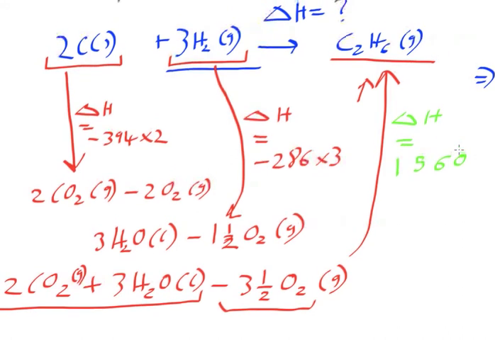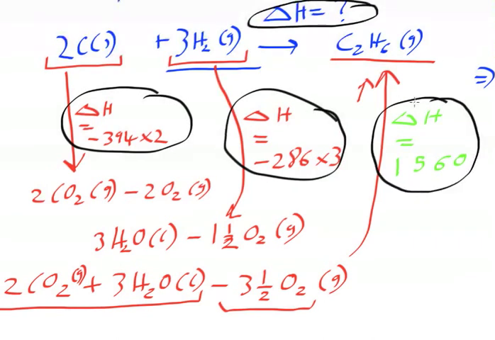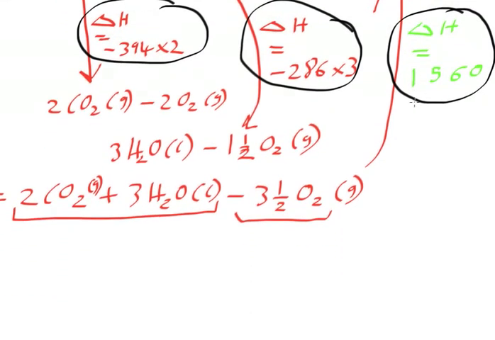Okay, and now all we need to do is add them together. So this thing here, the one that we wanted, is going to be equal to the sum of this plus this plus this. So let's write that out. My delta H is equal to -394 times 2.